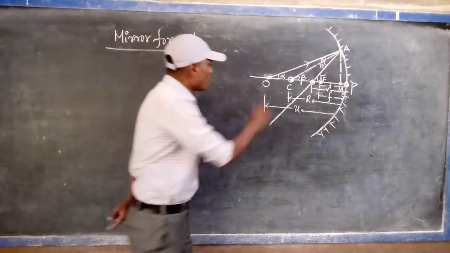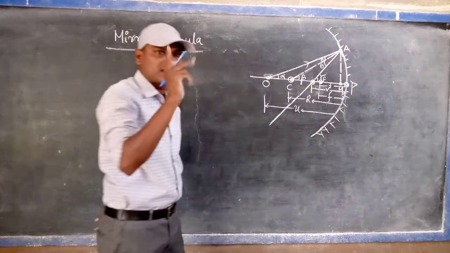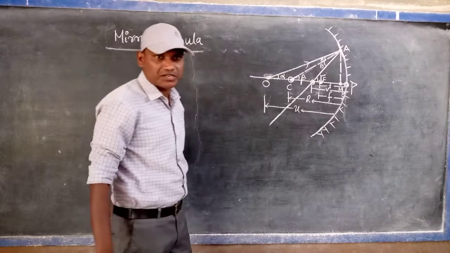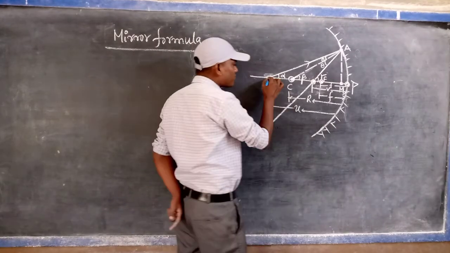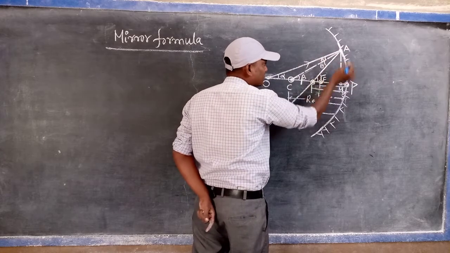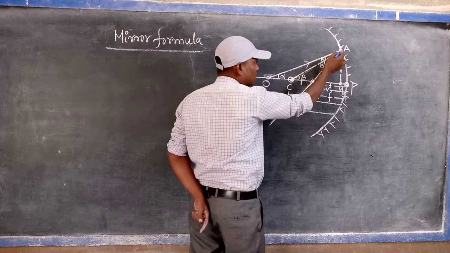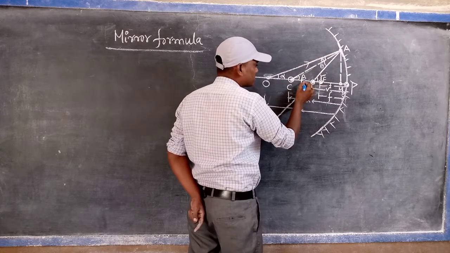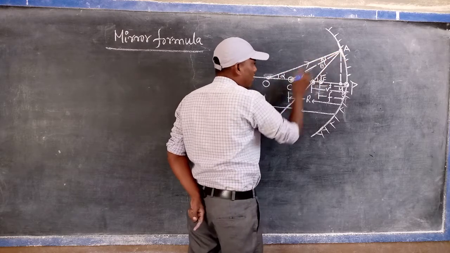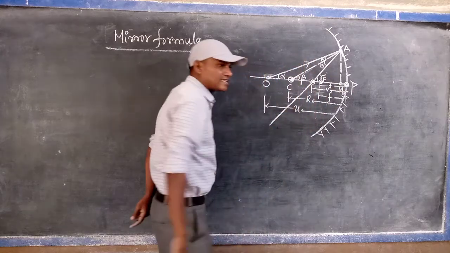O is the position of the object, and from the object we consider the two rays. One ray falls on the spherical surface at point A, obliquely, making the angle alpha with the principal axis.